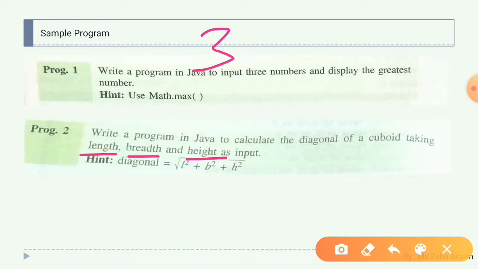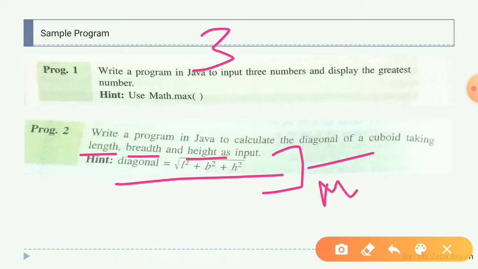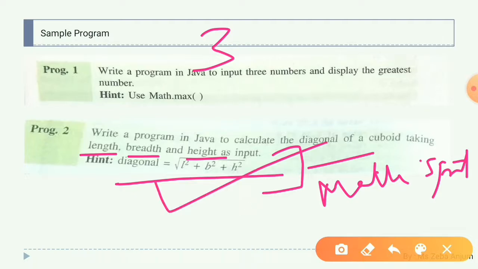Then afterwards you have to convert this expression, diagonal equals under root L square plus B square plus H square, into an appropriate Java expression using math.sqrt, and then you have to apply the formula for the same and you will be getting the answer directly.